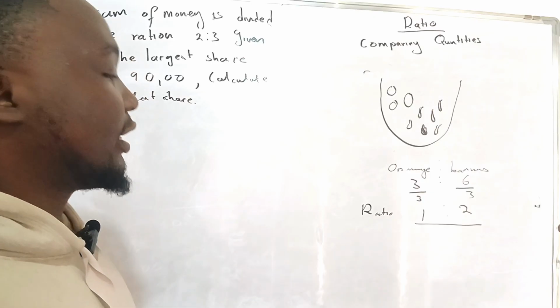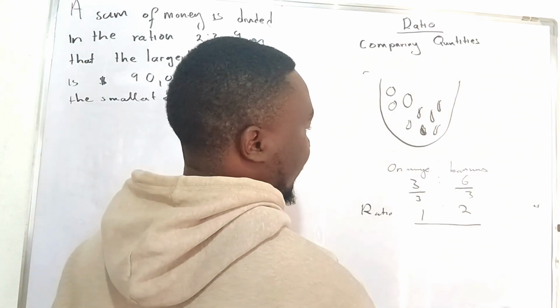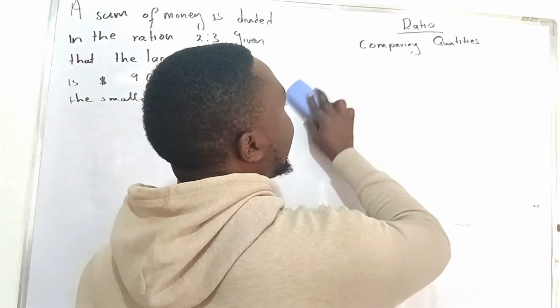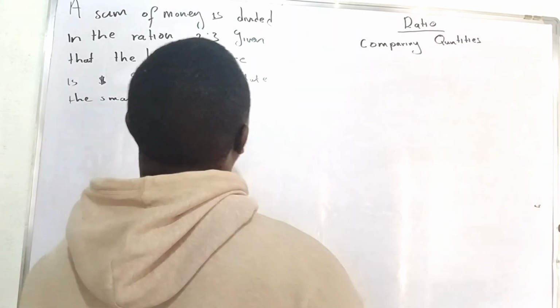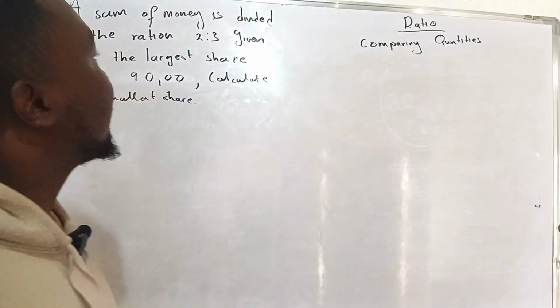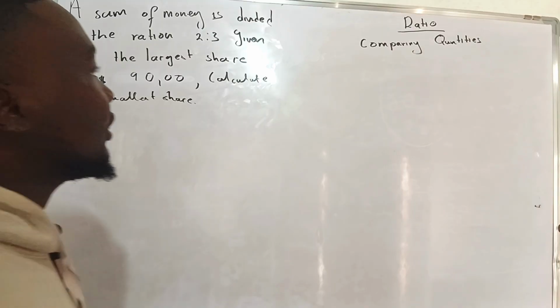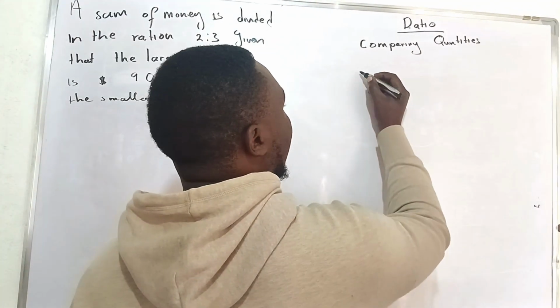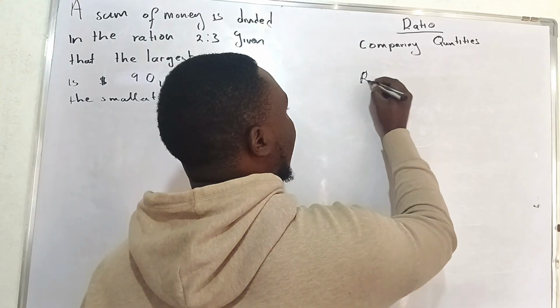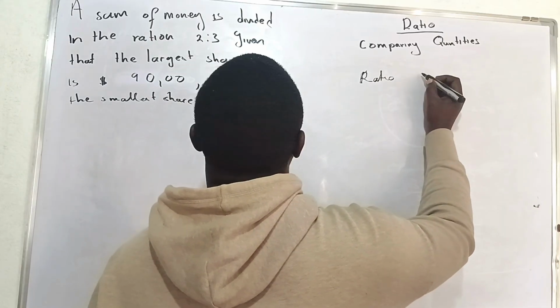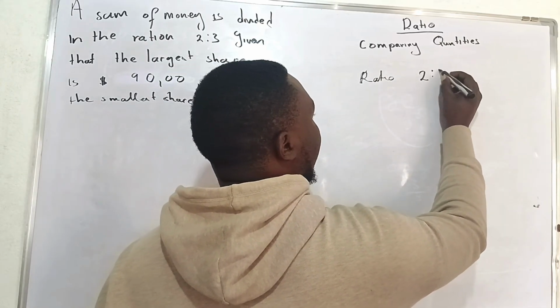So let's do an example to clarify. The sum of money is divided in the ratio 2:3. So the ratio here is 2:3.